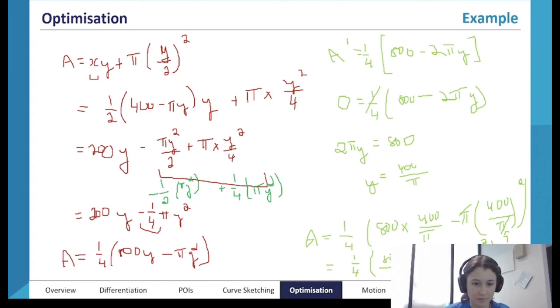Our second derivative is going to be, I'll just write it over here, negative 1/2 pi. And this is just from deriving our first derivative, of course. And because this is negative, it means that this curve is concave down constantly, which means that our point is a local maximum.